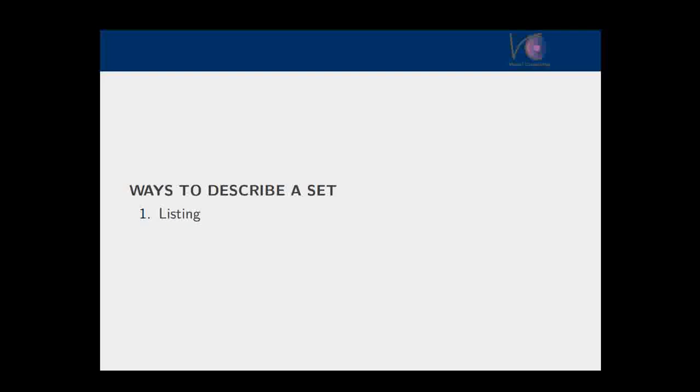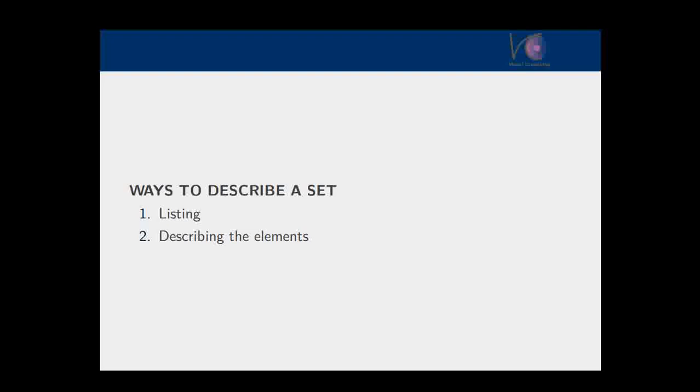And this takes us to the second way of describing a set, which is called describing the elements. So that is the second method of how we can describe a particular set. Now, what happens in this method?